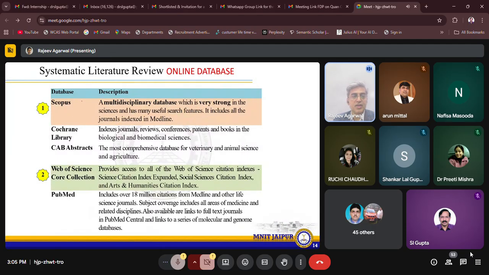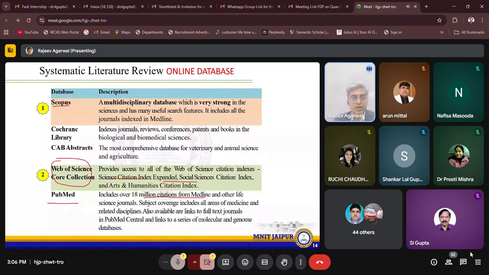So let us try to understand what the databases are. First is Scopus. I need not tell you, this is indexed. Another is Web of Science, where there are SCI, ESCI, and others. Another is PubMed, with 18 million records in MEDLINE and others.